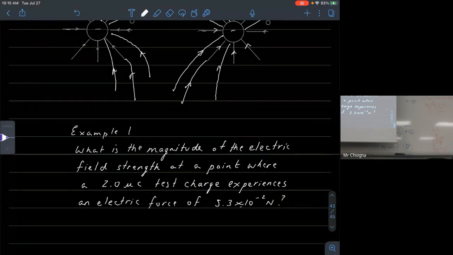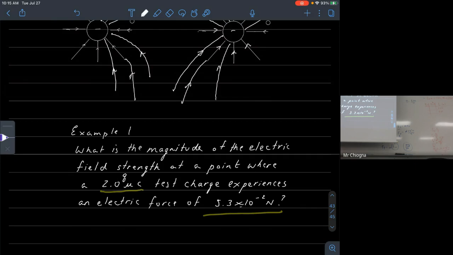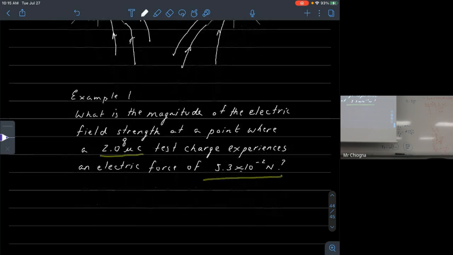So this is your force here. And this is the charge that's being acted on. So this is not the source, this is the small q. So what's electric field? The magnitude is given by the electric force.